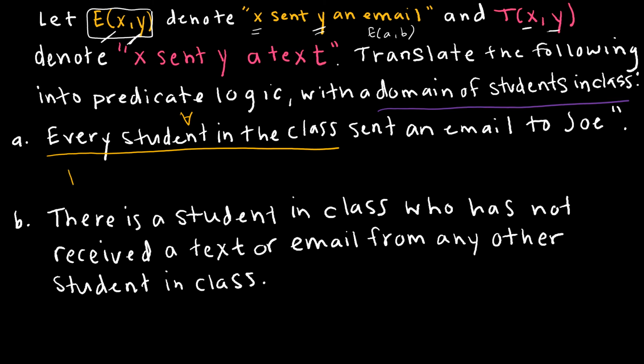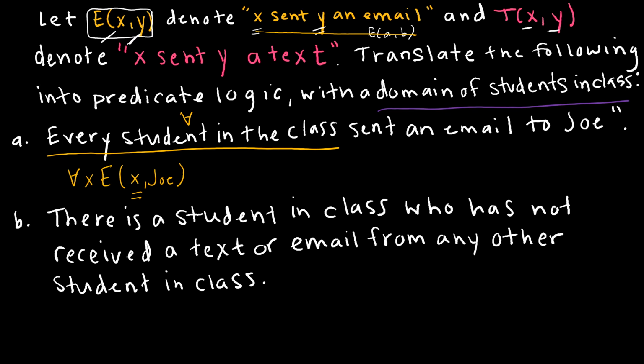So I could write for all x, x of course is a student in the class, E(x, Joe). Here's one way I could write this. So for all x, E denoting x sent y an email, so all students sent Joe an email.